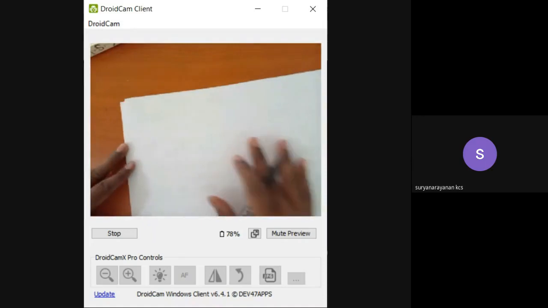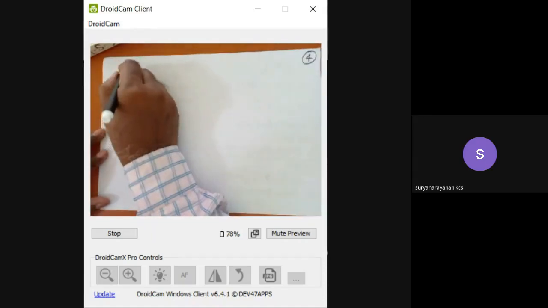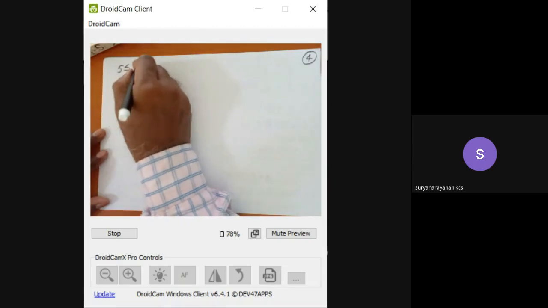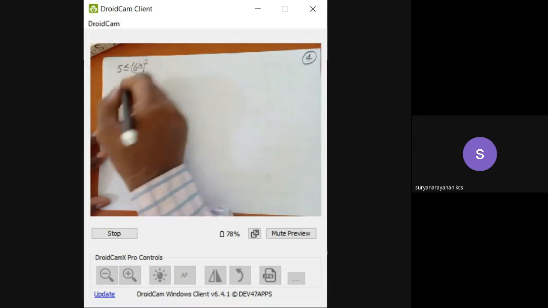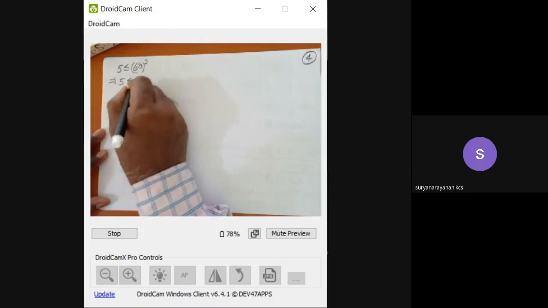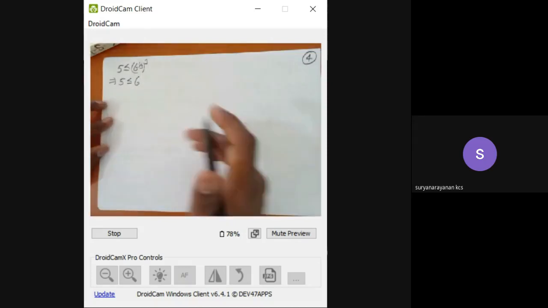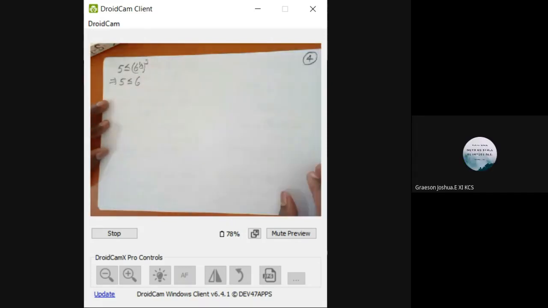5 is less than or equal to 6 power 1 by 3 whole cube. Yes or no? 6 power 1 by 3 whole cube means you get 6 only. Yes, sir.